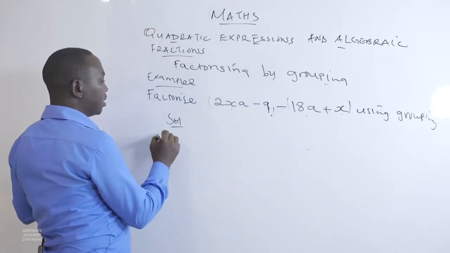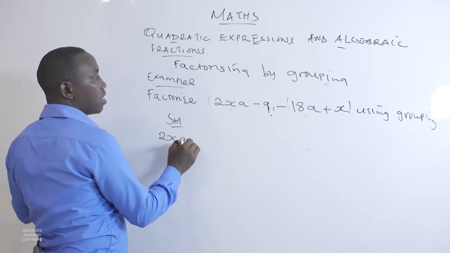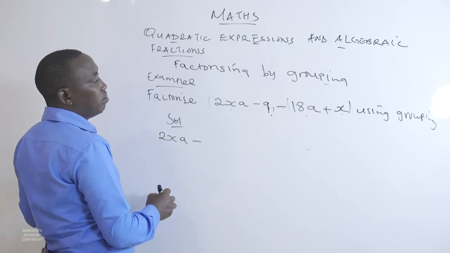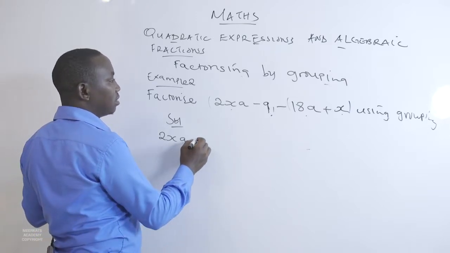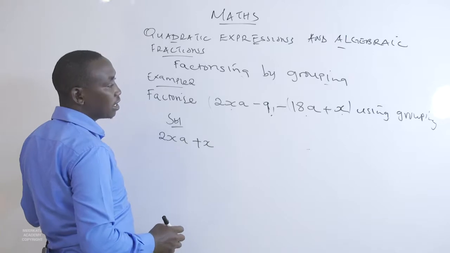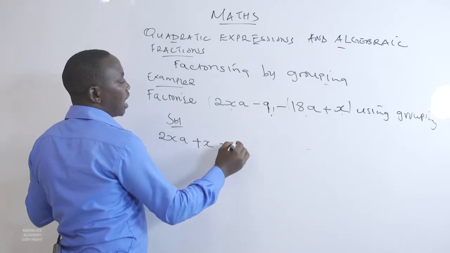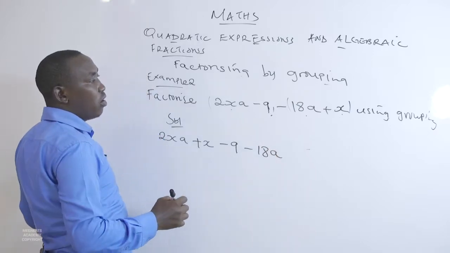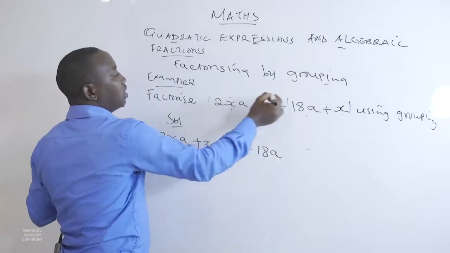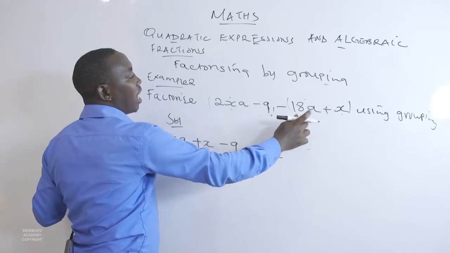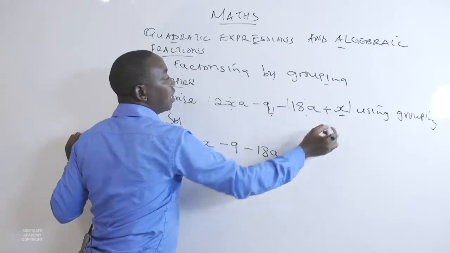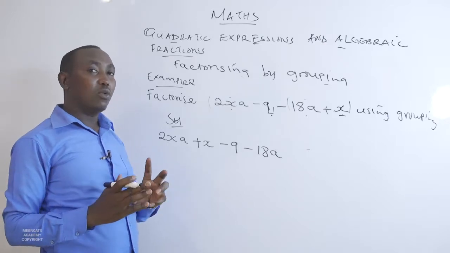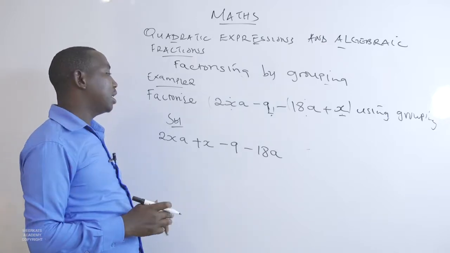So that will give us 2xa plus x minus 9 minus 18a. Or you can attach this and this because you have a and a, then you attach this and that. So long as it is going to give you pairs which can easily identify a common term.